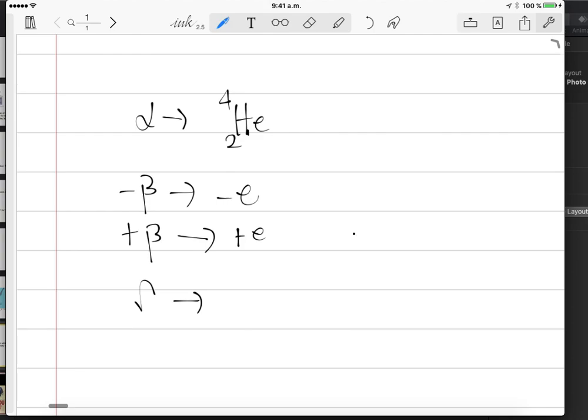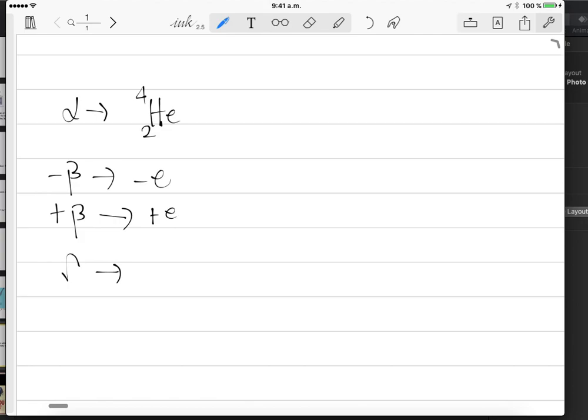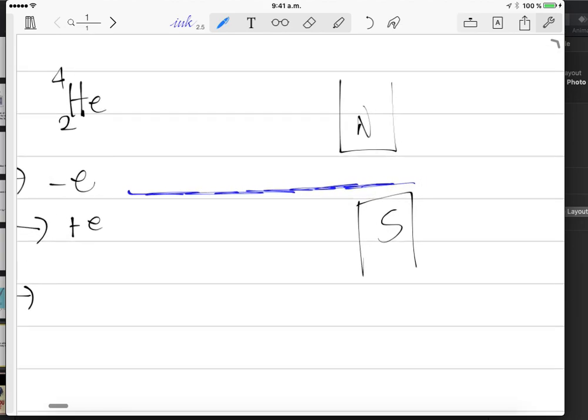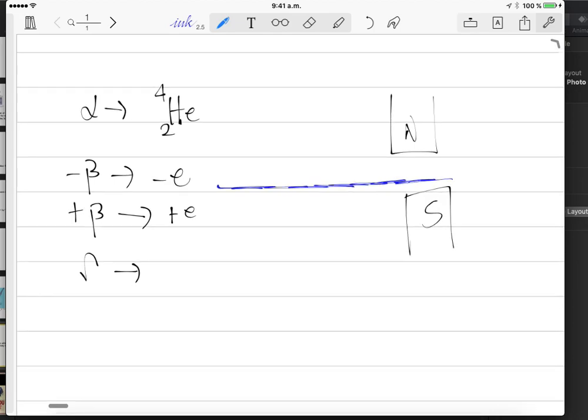So the most important thing is that if you put magnets with north and south pole, and particles are flying with some kind of speed, approximating to the poles, it depends on the charge of the radiation, of course.